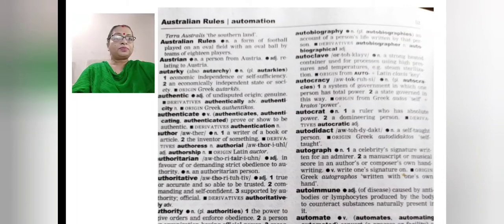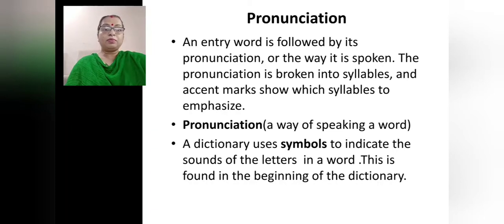Okay. Now what is the next important thing we come to know in a dictionary? The pronunciation of word. An entry word is followed by its pronunciation or the way it is spoken. The pronunciation is broken into syllables and accent marks show which syllables to emphasize.